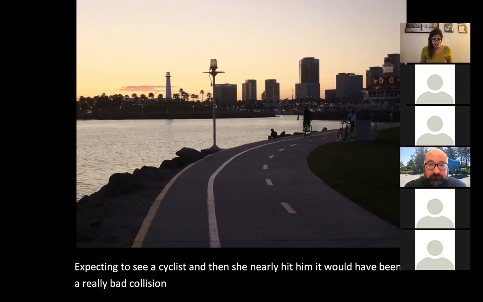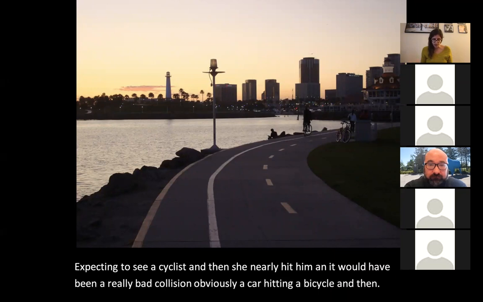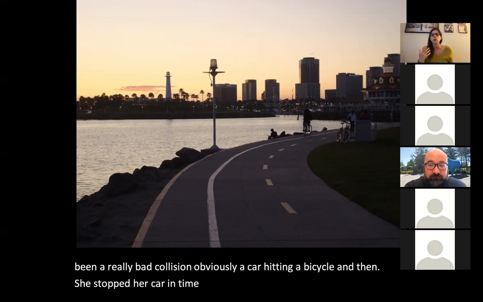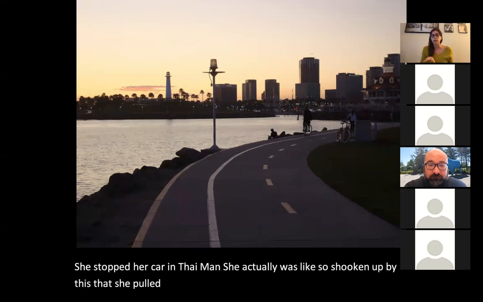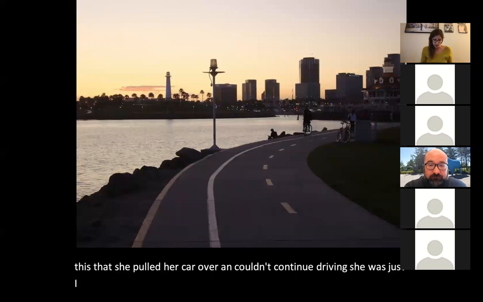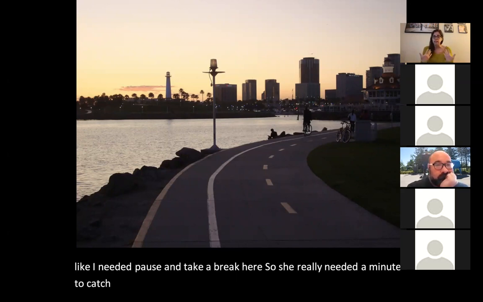Then she stopped her car in time, and she was so shaken up by this that she pulled her car over and couldn't continue driving. She was like, I need to pause and take a break here. She really needed a minute to catch her breath, because all of these physiological responses were happening, right?